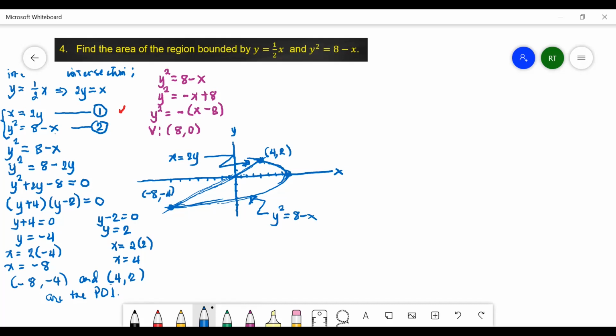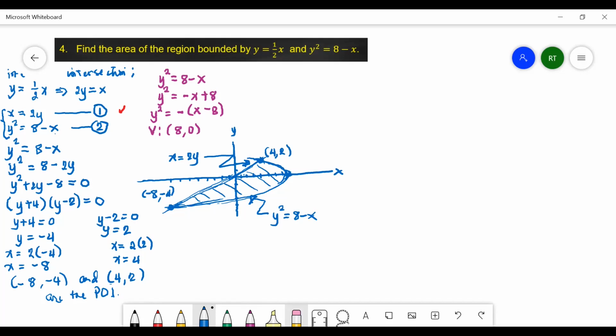And we are interested with this shaded region. We are interested with the area of this region bounded on the right by y squared is equal to 8 minus x and on the left by x is equal to 2y.